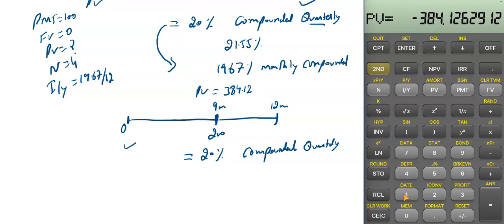You can directly calculate its present value. How to do it? There is a single cash flow, so 200 is the FV. It is compounded quarterly, so 20%, there will be 4 quarters in a year. And you are receiving payment at the end of 9 months, so N is 3, the third quarter.